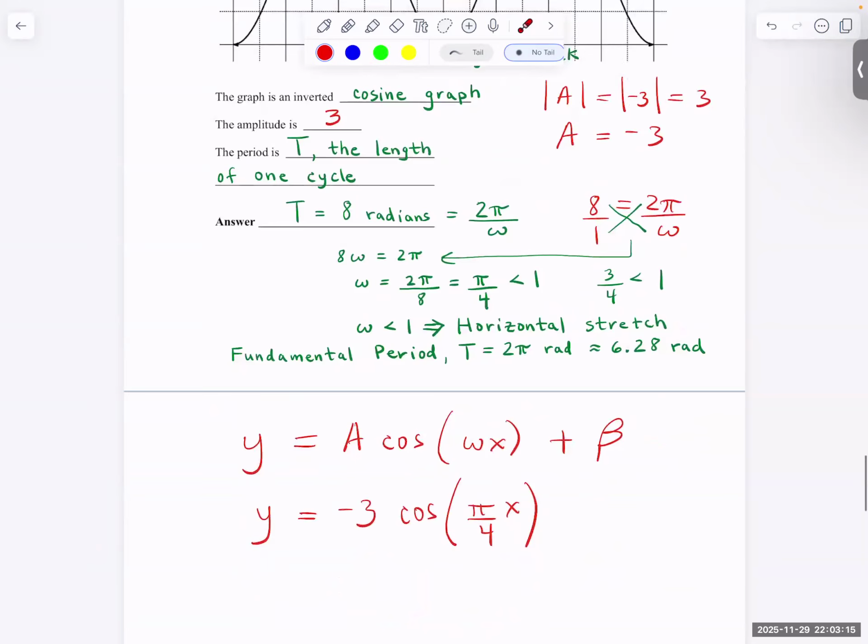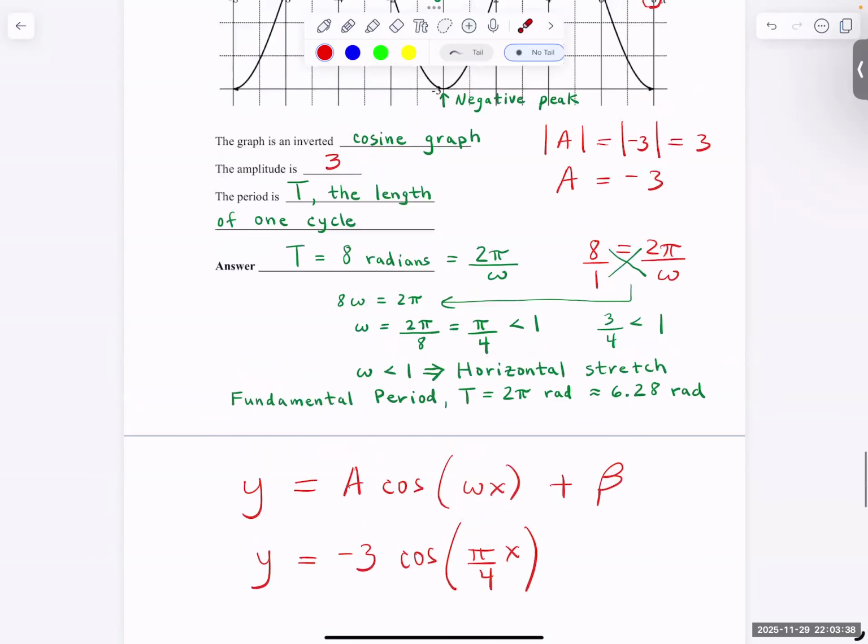So in general, the equation of the cosine function is A times cosine of omega x plus beta. A, we determine the amplitude is negative due to the reflection of a cosine graph. The amplitude was 3. Omega was determined to be pi over 4.